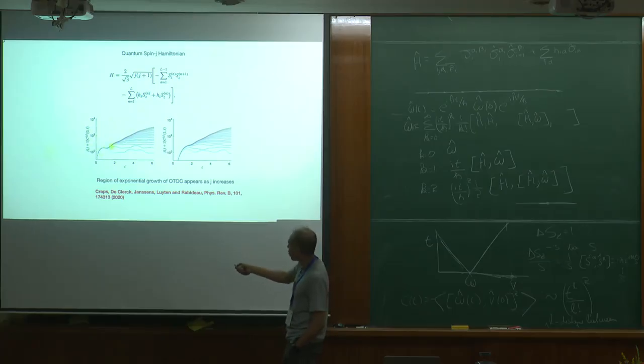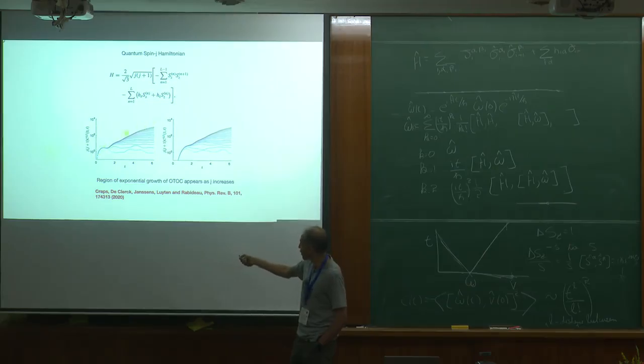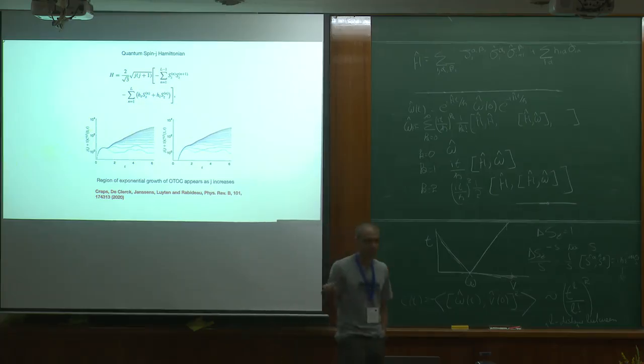So aside from what is happening initially, which is j independent, beyond a certain time scale, you can actually see that for at least the largest values of j on this plot, this is a semi-log plot, there is a straight region with something which looks like some kind of Ehrenfest saturation.